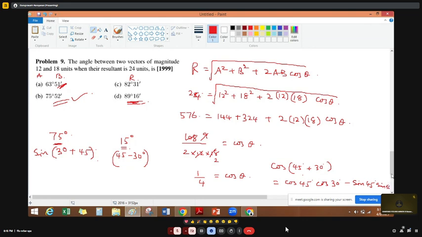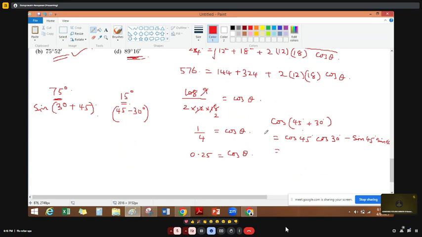Any quick answers? So try this. I think you should get something close to 0.25. Okay, so that's the best I can think of. 1 by root 2 into root 3 by 2 minus sin 45 is 1 by root 2 into 1 by 2. Okay, so do this math. I'm sure you should get something close to this one. Any doubts? Can I move on?